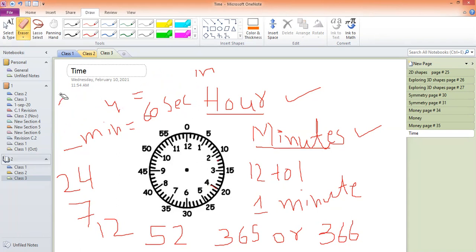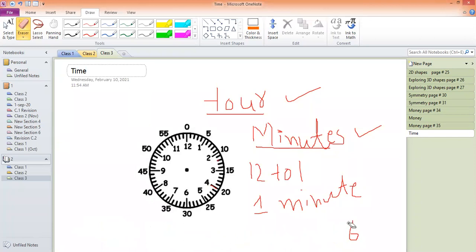Now I'm going to tell you about the hour hand and the minute hand. So guys, there are 2 hands. One is the hour hand and one is the minute hand.